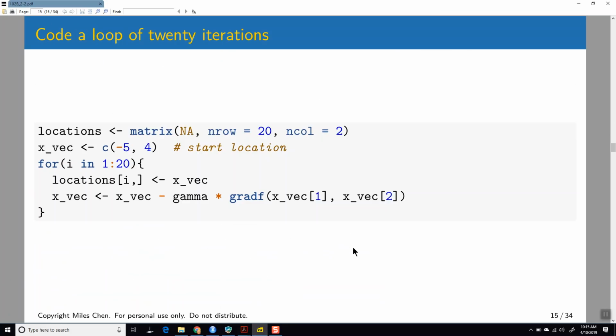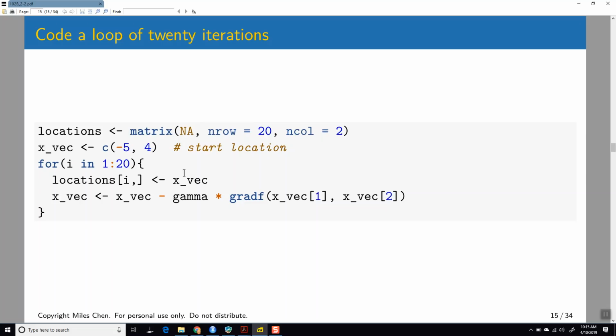If we wanted to just do a few more iterations, so here I'm doing 20 iterations. I'm creating a matrix called locations, which, because I'm doing 20 iterations, is going to have 20 rows and 2 columns, 1 column for x1 and 1 column for x2. And I'm going to start at negative 5, 4.